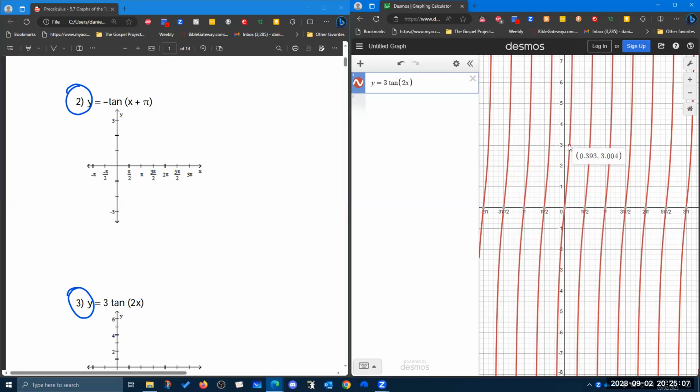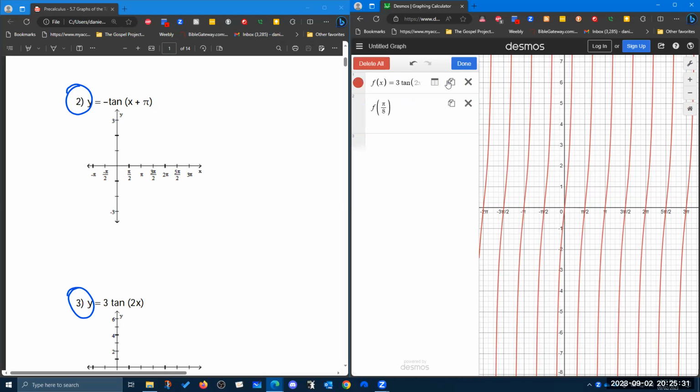So if I wanted to see what that point was right there that had a y value of 3, it's hard to get it right there, but I'm going to give this a name, f of x, and I'm going to put the point on there, f of pi over 8, so that you can see that it's equal to 3.